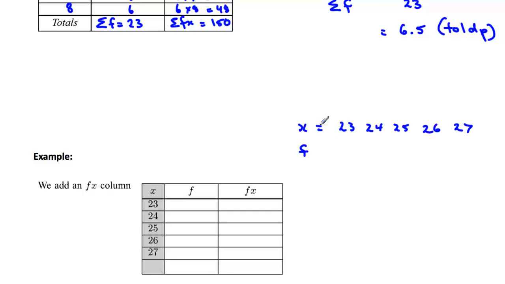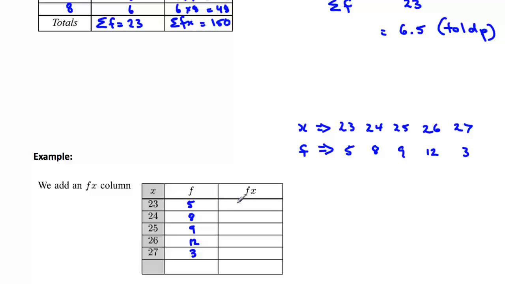The frequency, 23, we're going to say occurs 5 times. 24, we'll say there are 8 of those. 25, 9 of those. 26 occurs 12 times, and 27, 3 times. So our frequencies therefore are written down here as 5, 8, 9, 12 and 3.